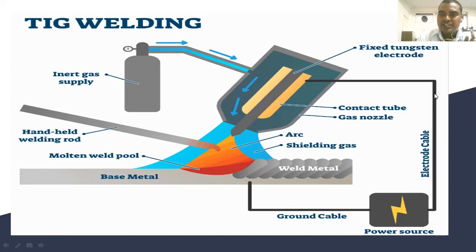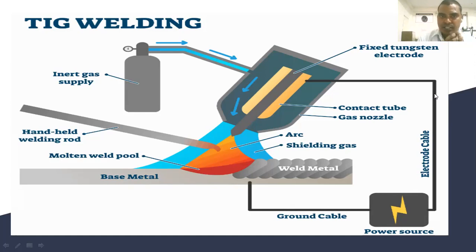After striking the arc, it is allowed to impinge on the job and a molten weld pool is created. In this welding, we are using the welding torch and the filler metal, which are generally inclined at angles of 70 to 80 degrees and 10 to 20 degrees respectively with the flat workpiece.